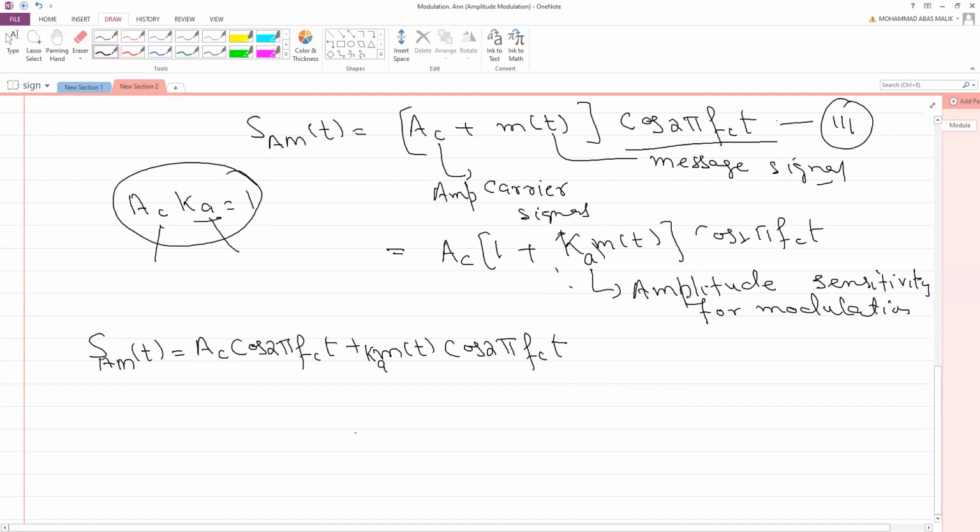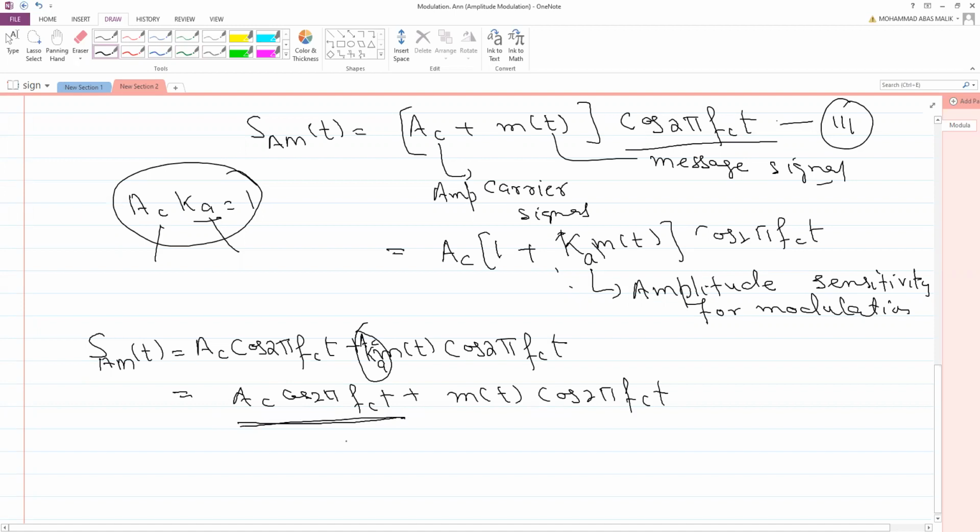These two products, Ka and Ac, should always equal 1. So you have Ac cos 2 pi fc t plus m(t) cos 2 pi fc t. And the first term is nothing but your carrier signal, c(t).